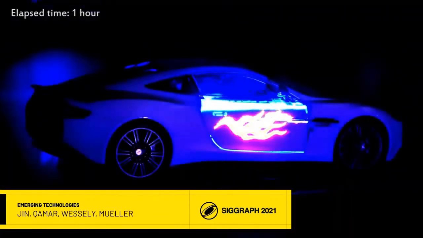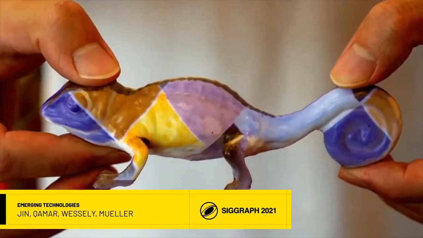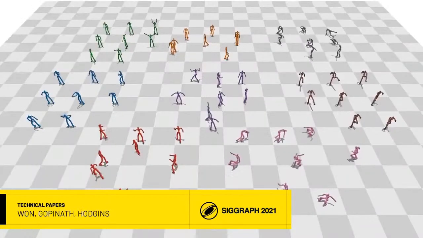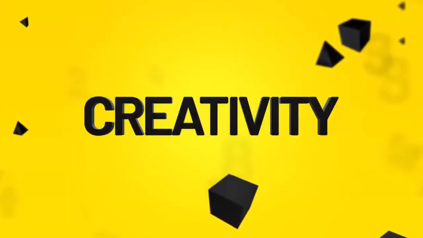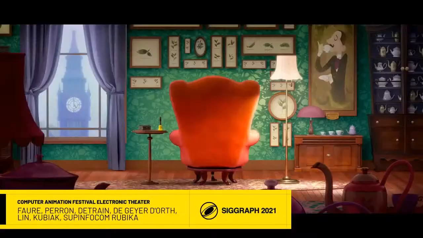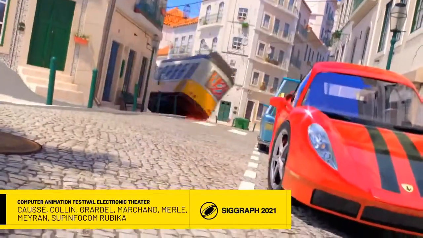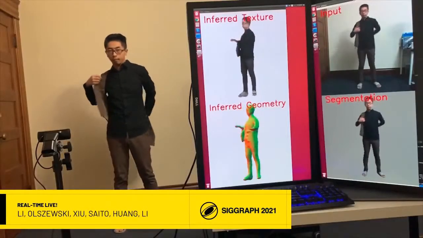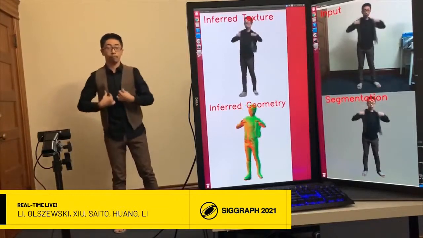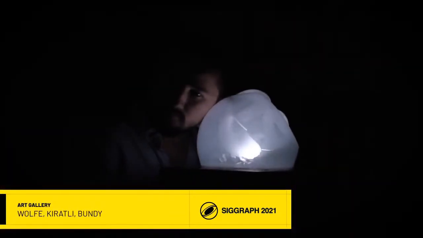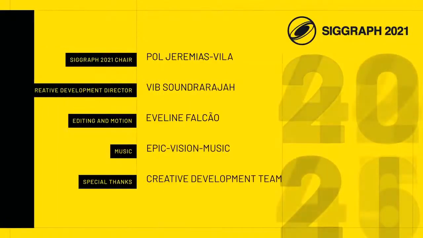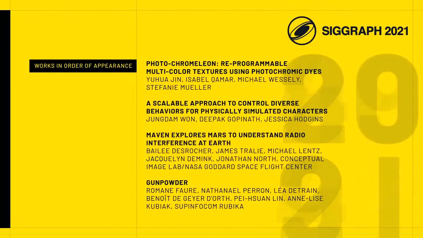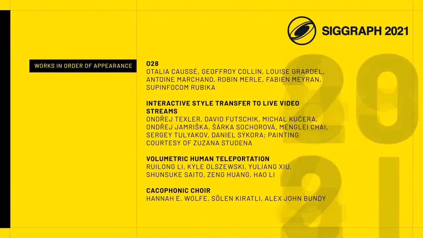Research will help users to create reprogrammable multicolor textures made from a single material. AI-driven technology pushes the capabilities of crowd simulation. Award-winning animation showcases the latest in computer graphics. Real-time and gaming technology advancements transform interactive storytelling techniques and explore new applications of the technology. Evocative digital artwork uses machine learning to create visceral experiences. Now is the time to share your research, your innovations, and your creative inspiration. SIGGRAPH is your community, and we hope you'll share your work with SIGGRAPH 2021.